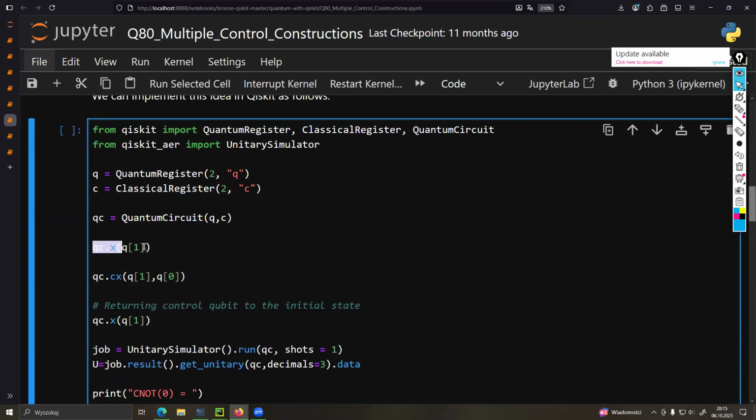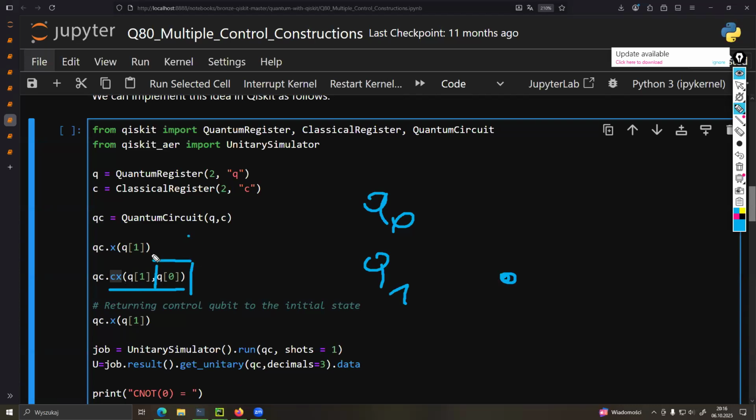So for example, here I have my control X. So here the situation would be like this. I have Q0, I have Q1, and I want to apply my control onto the 0 qubit.